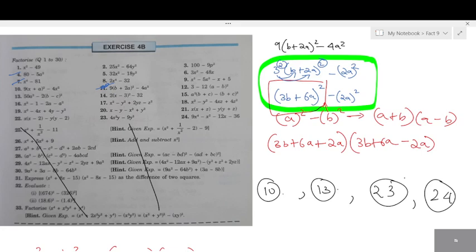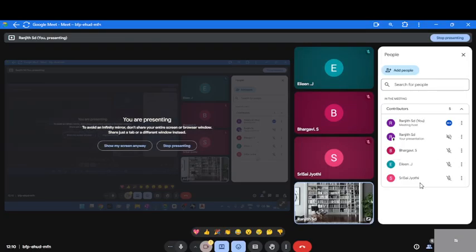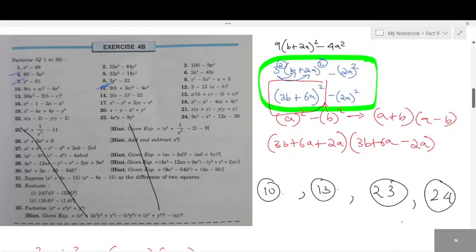Are students done? How many questions are completed? Yes. Bhargavi, Ananya. Okay. What about Bhargavi? Completed.